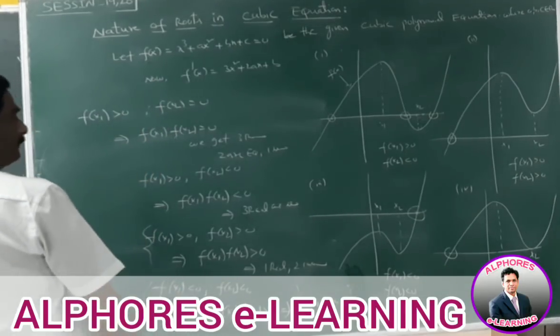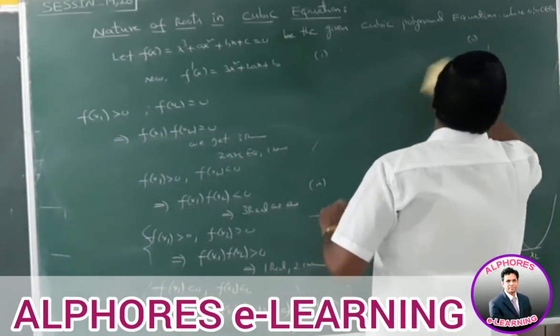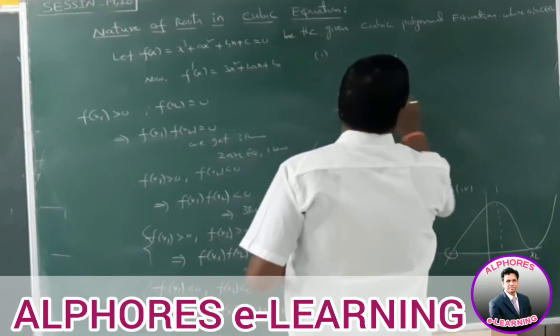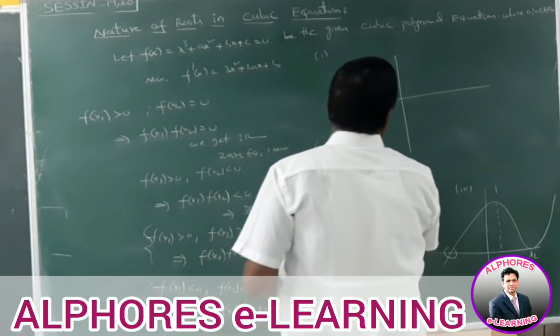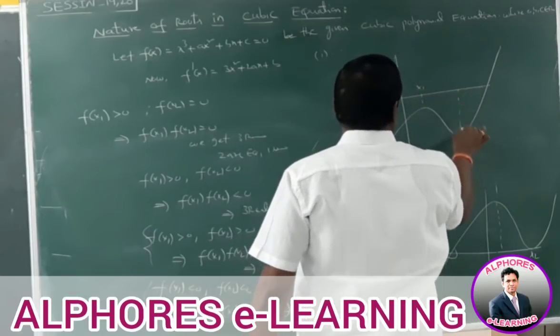Fifth possibility. Suppose the graph is in this way. At x1 it turns and x2 also it turns.